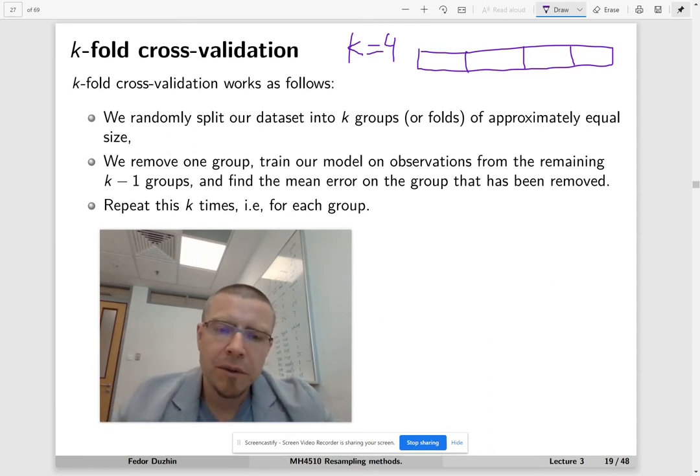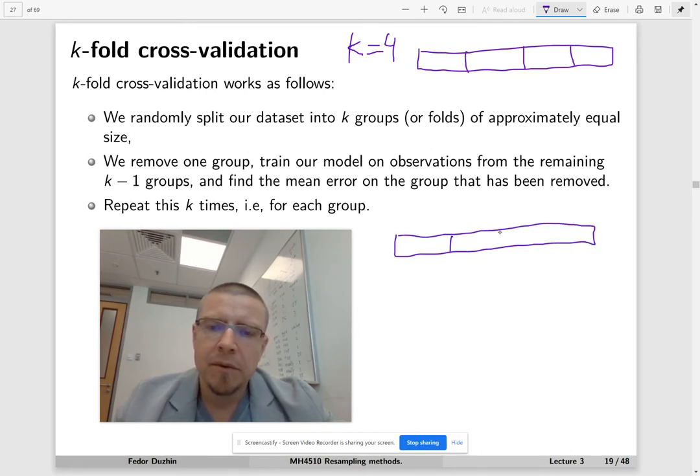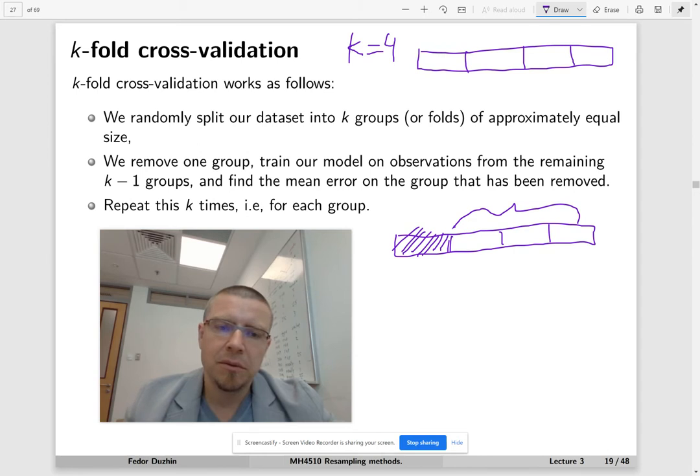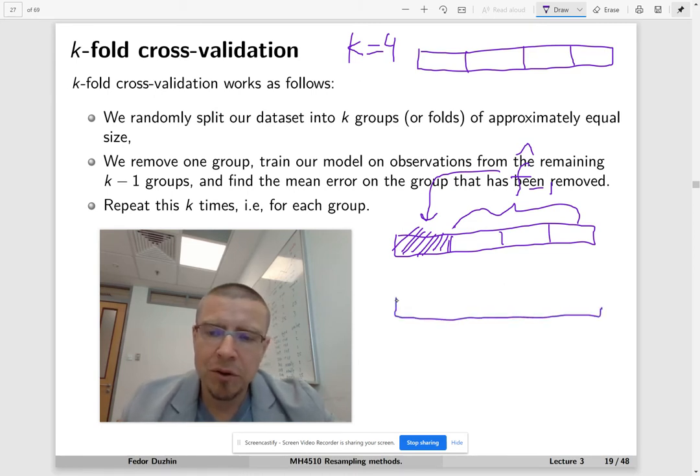So in the first run, I'm going to take my data set, remove this first fold, and use the rest to train my model. This is going to be my f hat -1, and then I'm going to apply this to find the error on the fold that has been removed. Then I'm going to remove the second fold.